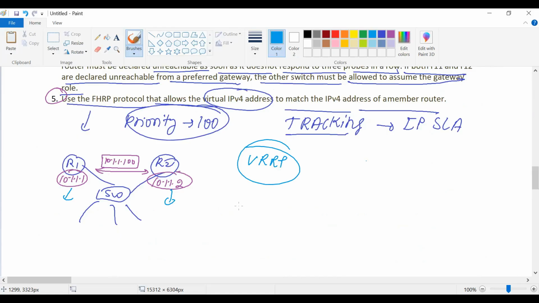In the case of GLBP, you should have a free IP address, and that IP address will be used as the virtual IP. Okay, clear?